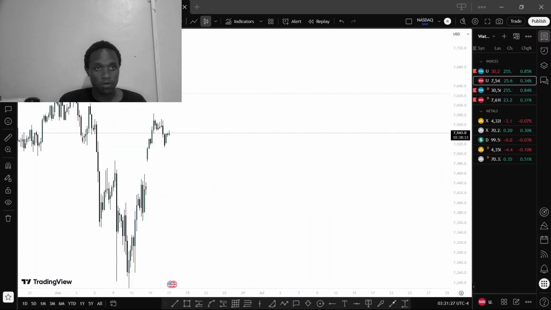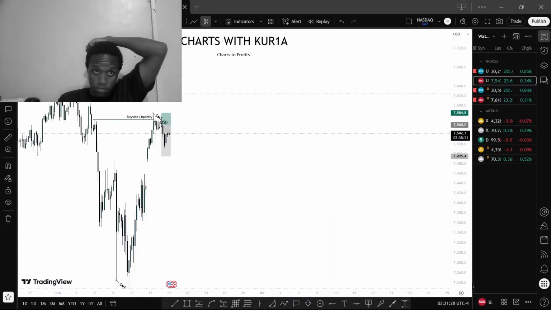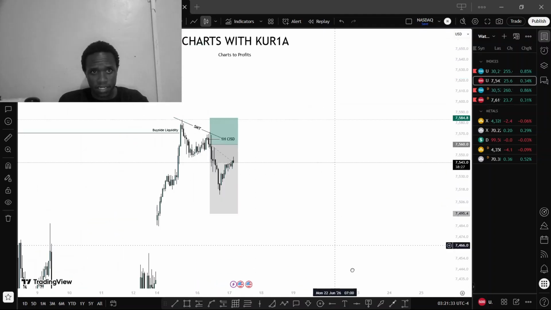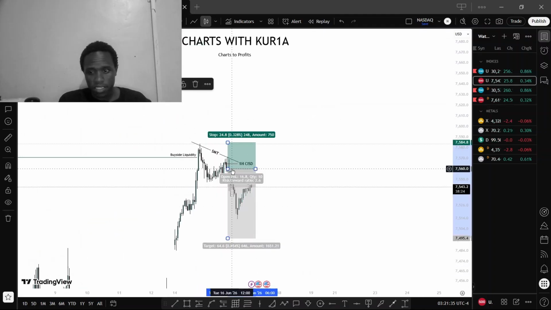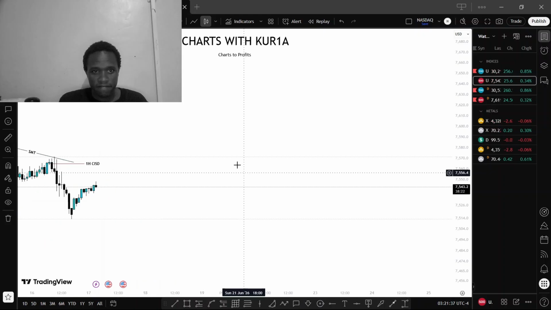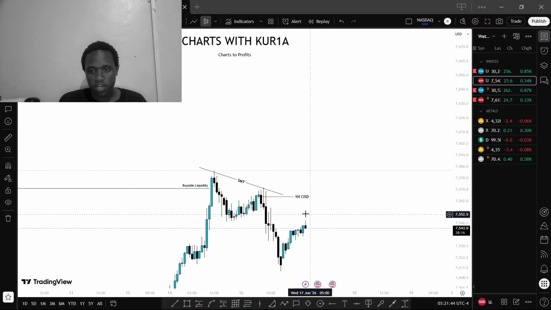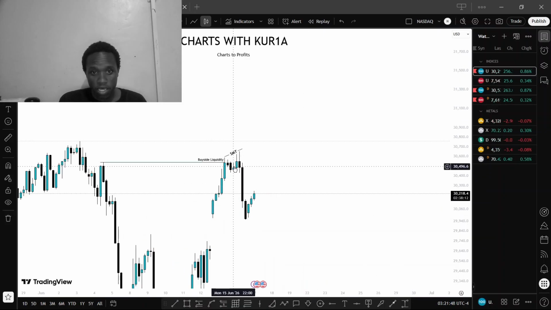So let's go back to our chart. So going back to the 1 hour, as I've explained, now this is our 1 hour change in state of delivery. And remember, we are in the New York kill zone, and we did not have any news, so I was not waiting for anything else. As soon as we got that 1 hour change in state of delivery on both assets, you can see we got the same thing.